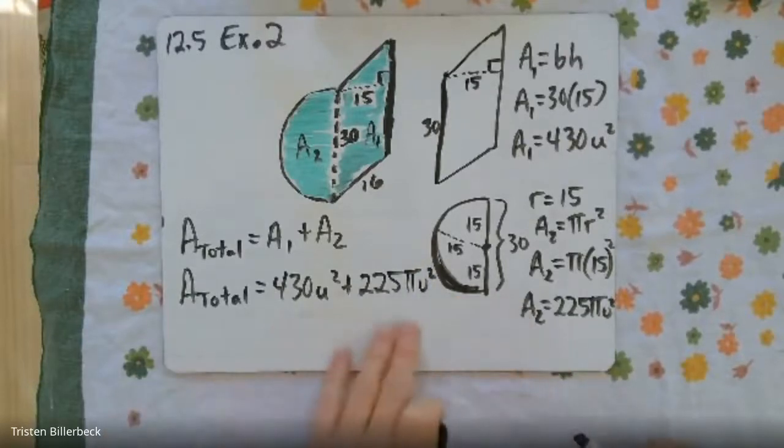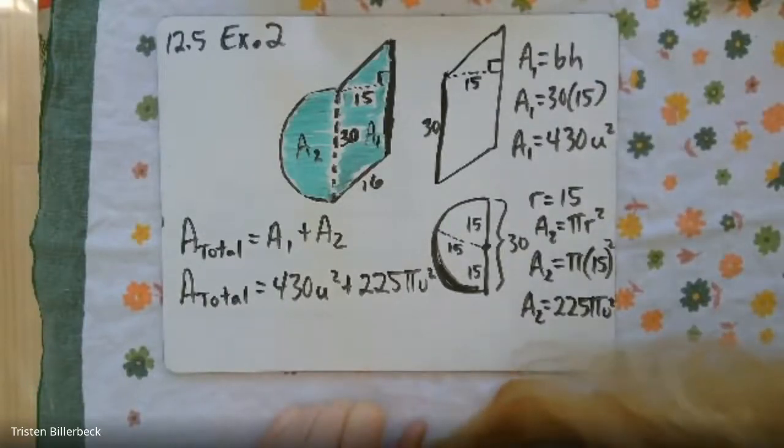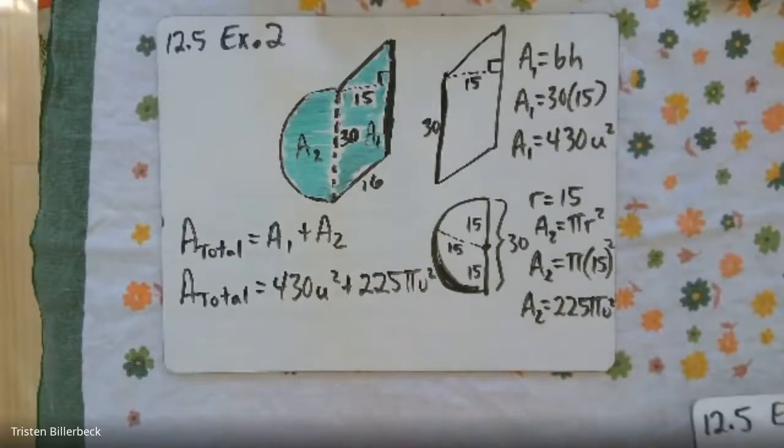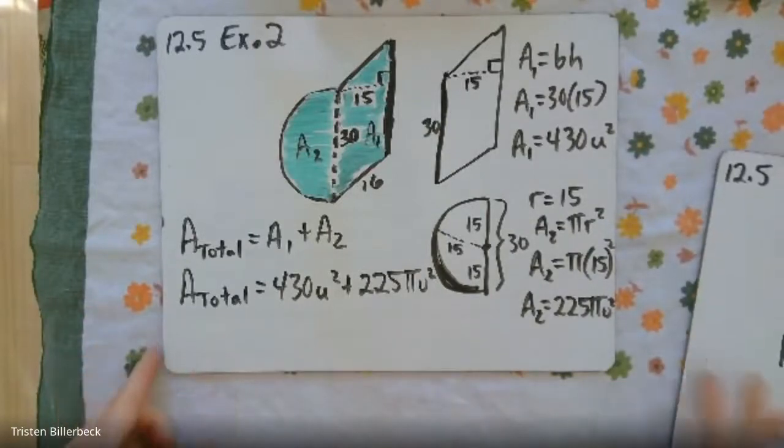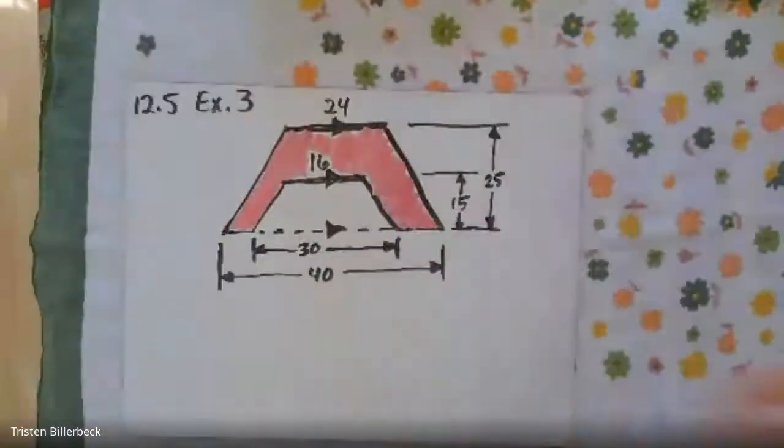Now if we used a calculator, we could combine these two. But if it says leave in terms of pi, then this is how you would leave it. Normally they say just leave in terms of pi, especially if they're not letting you use calculators, because that would be utterly cruel, don't you think? All right. Now let's look at the final example.